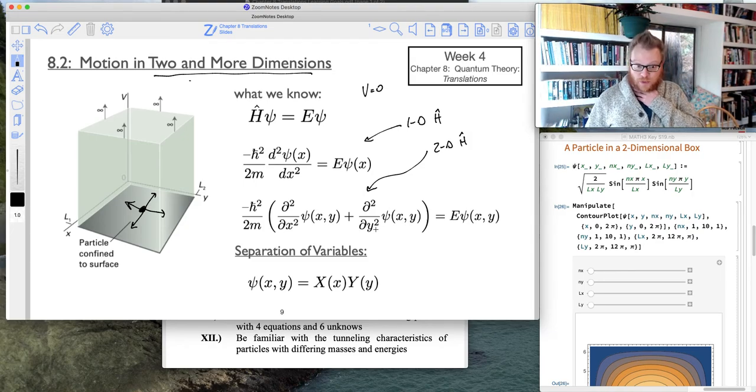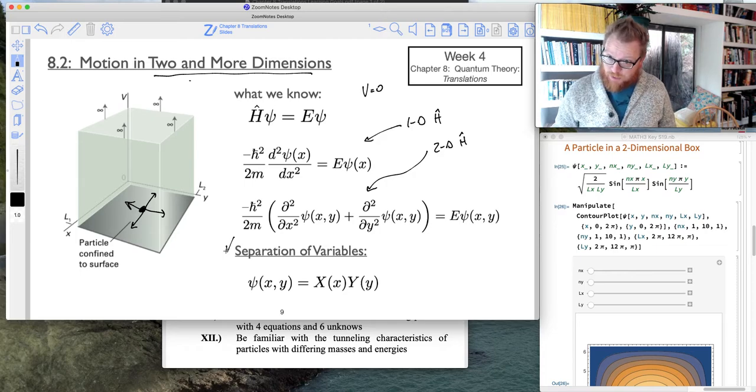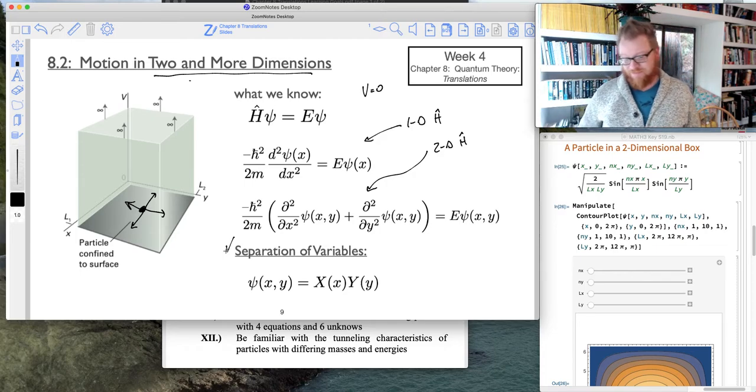So, there's another important technique that we can do, called the separation of variables, okay? That's how we're going to do this problem. So in the separation of variables, we impose that our wave function, which is now a function of x and y, can be written as 2 separable wave functions.